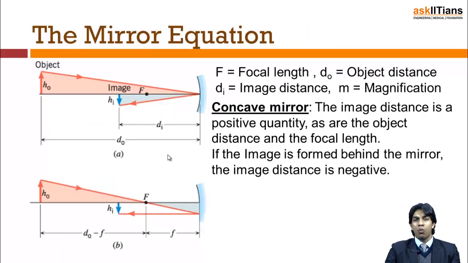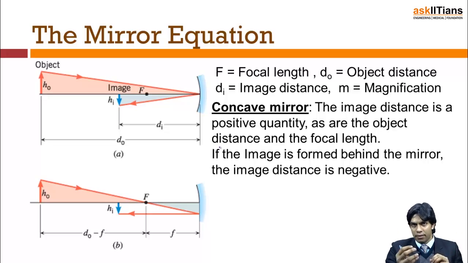Now, one of the most important aspects of mirrors, that is reflection, is the mirror equation. The mirror equation is basically a mathematical expression which connects three parameters: the image distance, the object distance, and the focal length of the mirror. That is, I have the cause and effect.